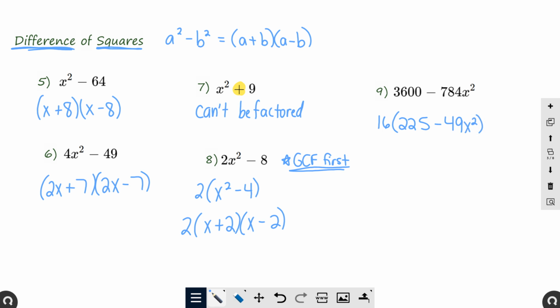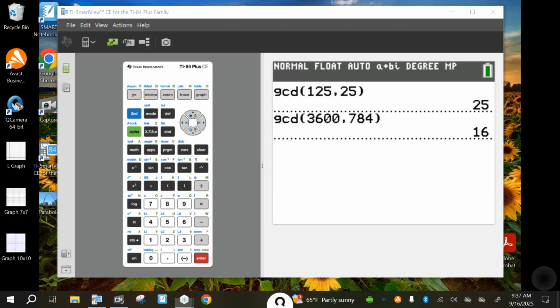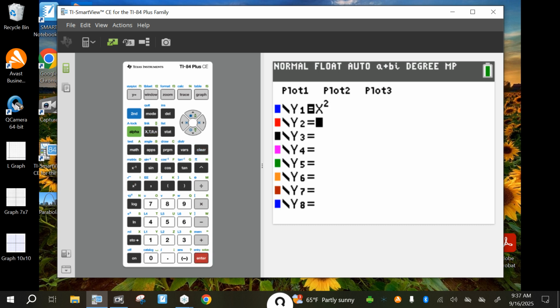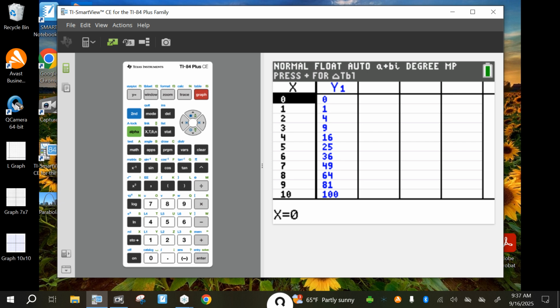Now let me show you another calculator trick to help you out here. These need to be difference of squares. Remember, your calculator will make a list of squares for you. So if you forget, go to y equals, type in x squared, then we go to second graph to go to our table, and we're looking for 225, so scroll down a little bit.